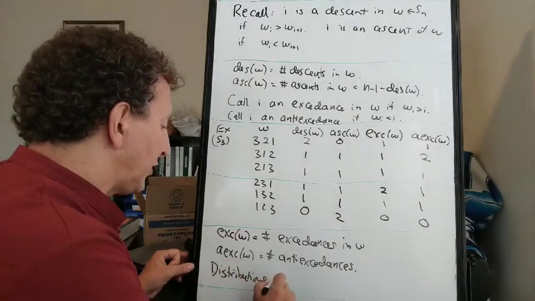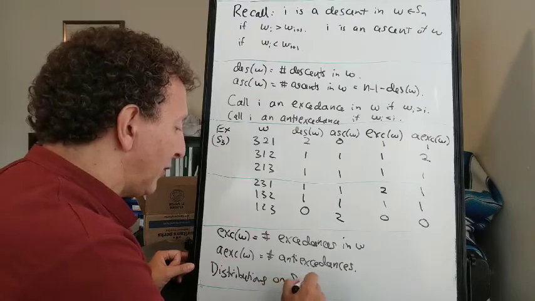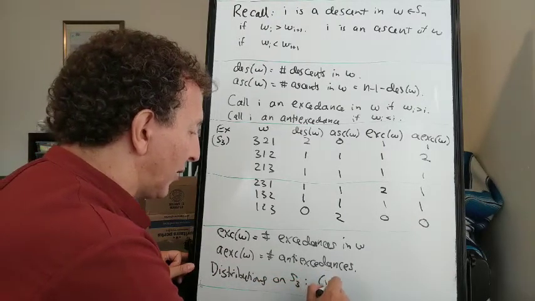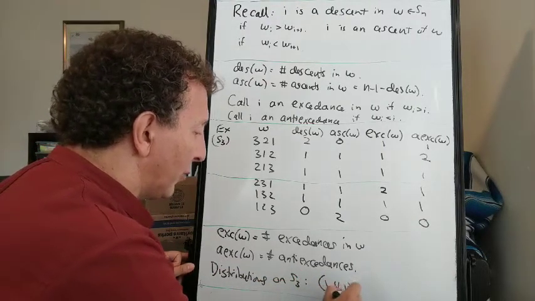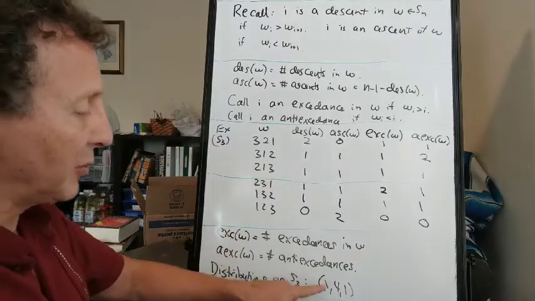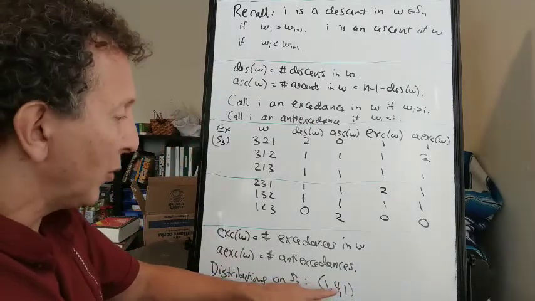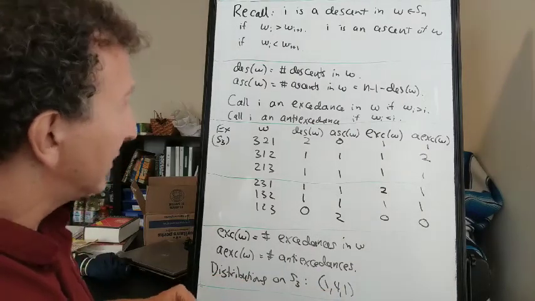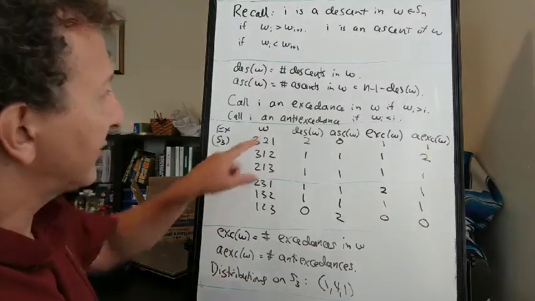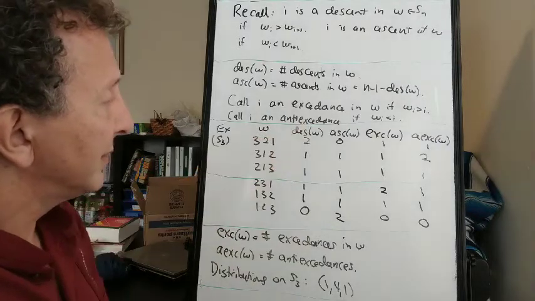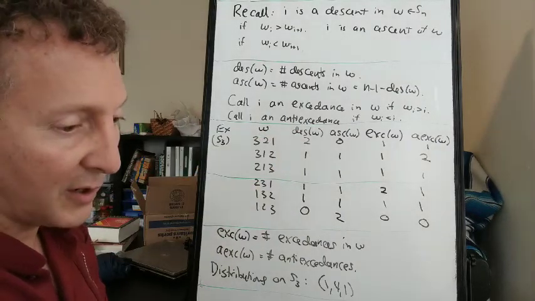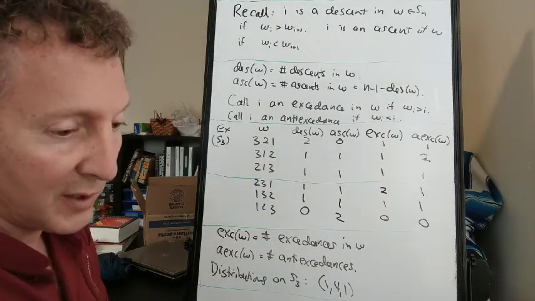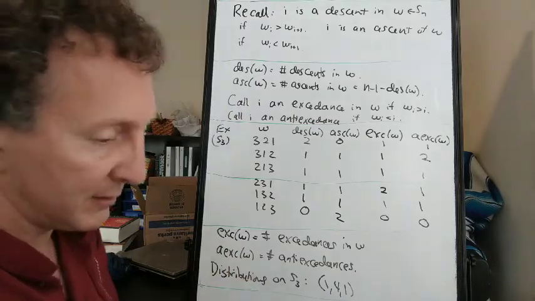Now the distributions on S3 of all 4 of these statistics are 1, 4, 1. We see the value 0 once, the value 1 4 times, and the value 2 once. And in fact, all 4 of these permutation statistics are equally distributed on Sn for any n.